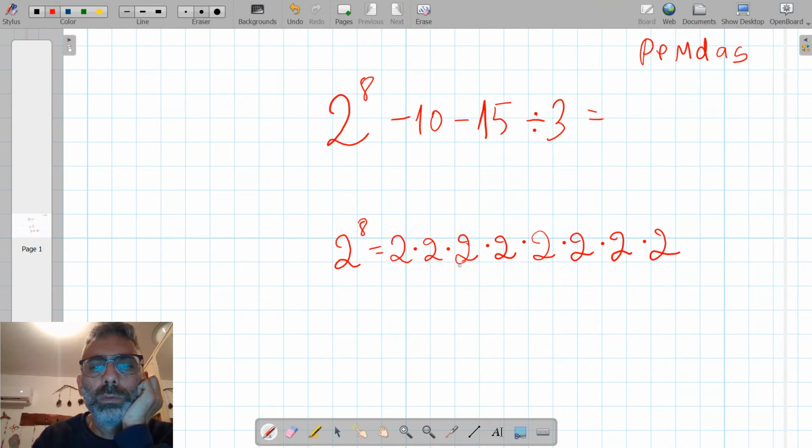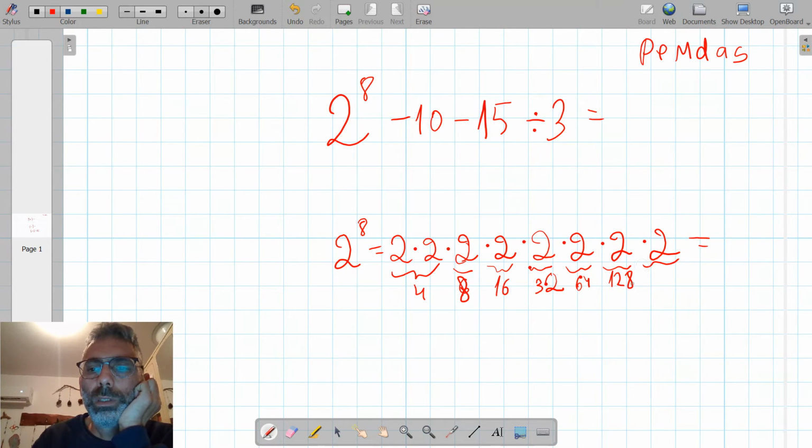Let's see. 2 times 2 is 4. 4 times 2 is 8. 8 times 2 is 16. 16 times 2 is 32. 32 times 2 is 64. 64 times 2 is 128. And 128 times 2 is 256.